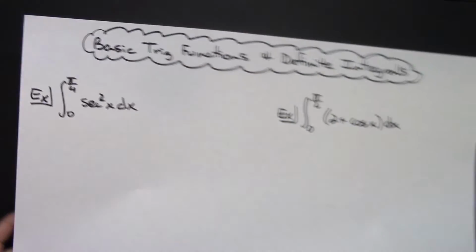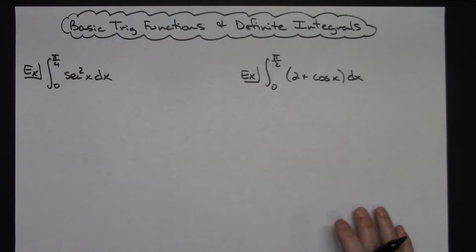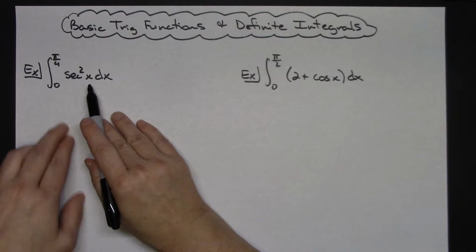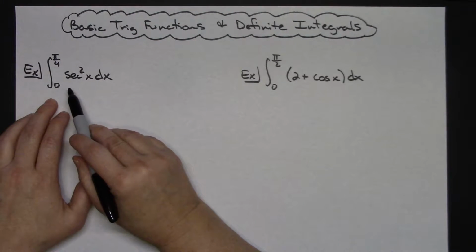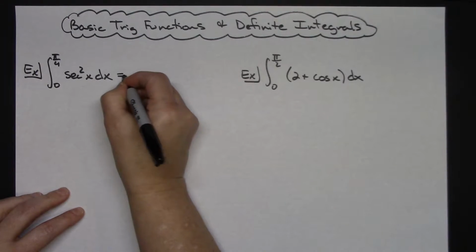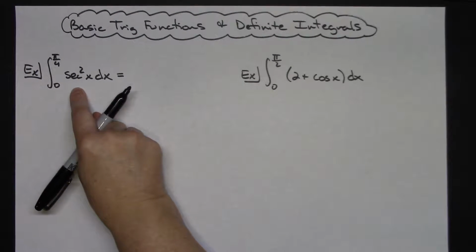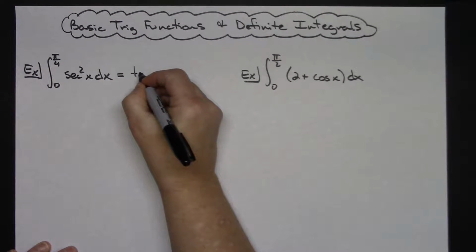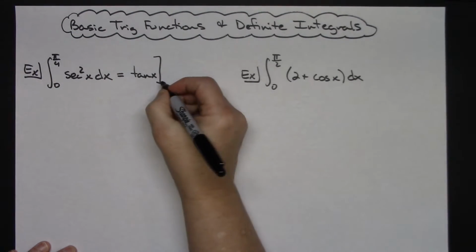Now let's take a look at a couple of basic trig functions. Really basic because we're still here at the very beginning of our definite integrals. For my first example, let's say we're going to work out the integral from 0 to pi over 4 of secant squared x dx. That's one of the trig functions that hopefully at this point you have memorized. Secant squared integrates to tangent x, on the interval from 0 to pi over 4.